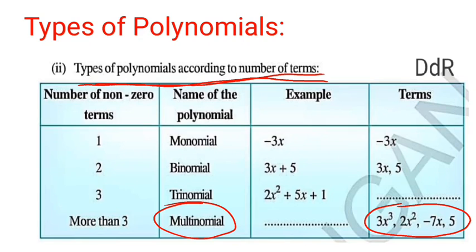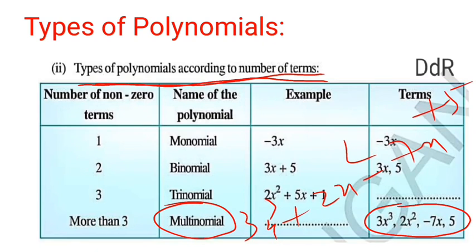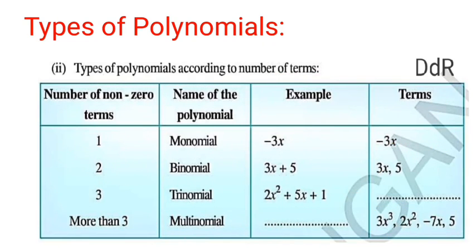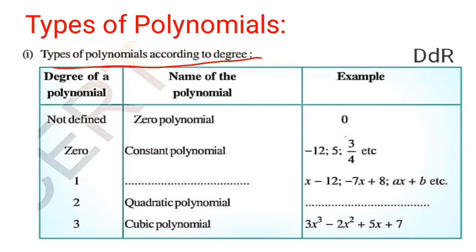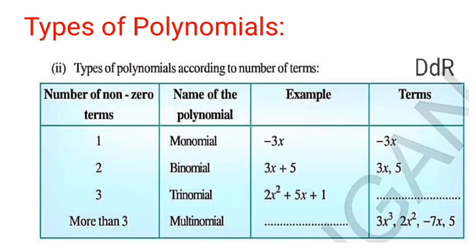Let us write the example with the help of these terms: 3x cube plus 2x square minus 7x plus 5 is an example for the multinomial. Understand, children? In the previous box, polynomials according to the degree. In this box, polynomials according to the number of terms.